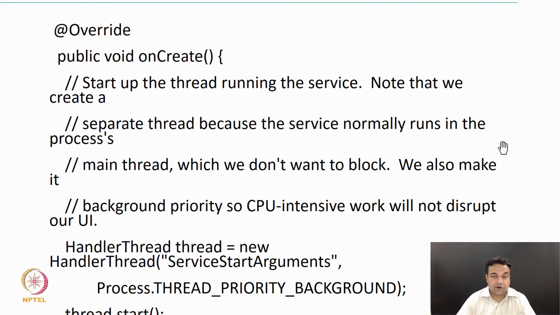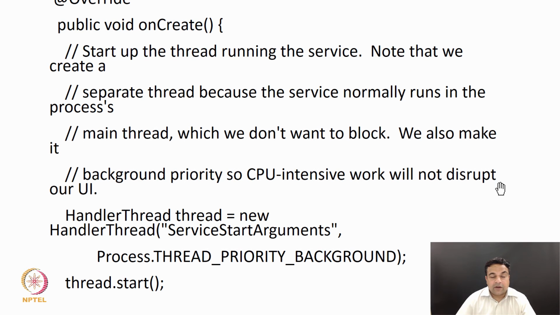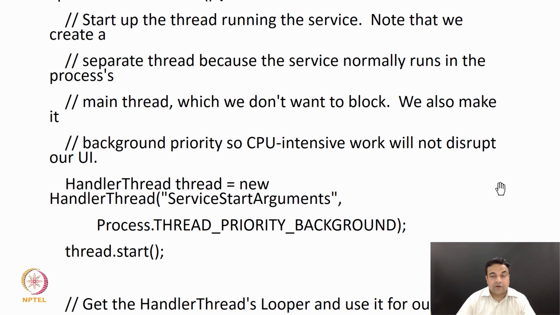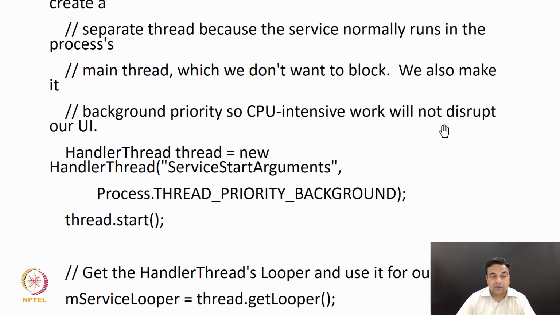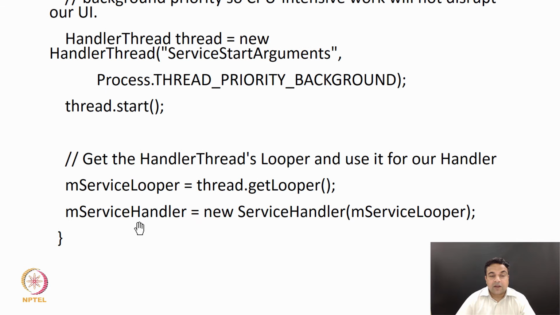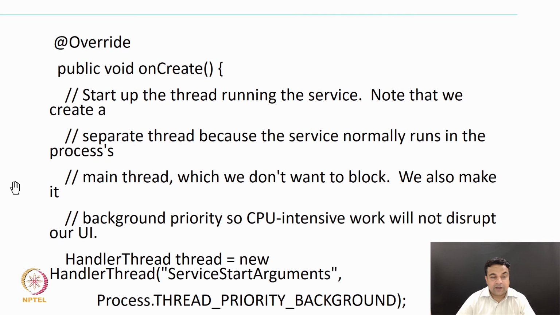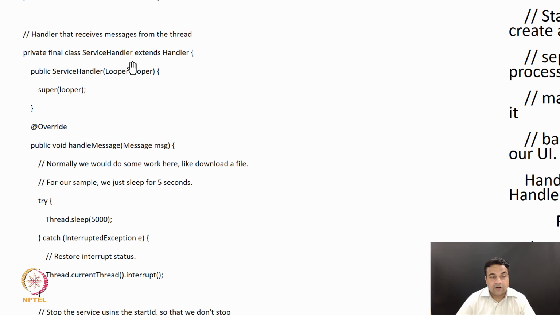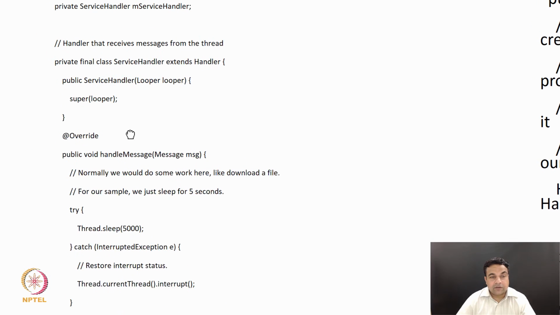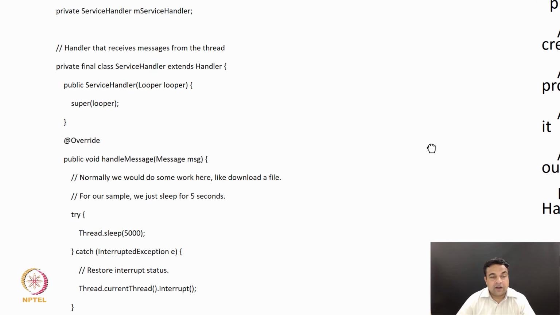We want to make it a backend thread so that we can even do CPU intensive work. We create a backend thread, HandlerThread type, and then we start the thread. And then we get the HandlerThread's looper and use it for our handler. This is the same looper ServiceHandler that we had described earlier.